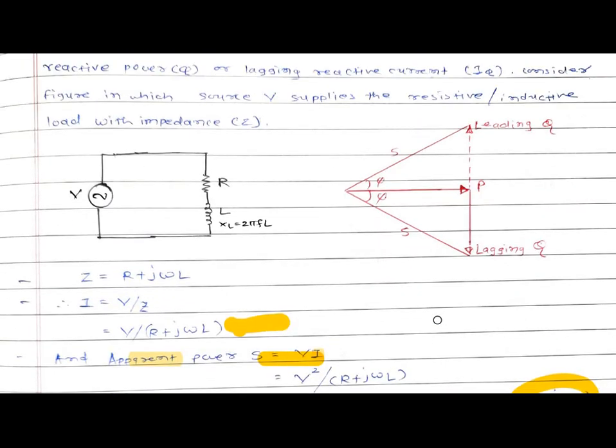From the figure we can say this is the active power P, this is the apparent power S, this is the leading reactive power with the leading power factor angle, and this is the lagging reactive power Q, with apparent power S. So these are the two differences between leading and lagging reactive power.